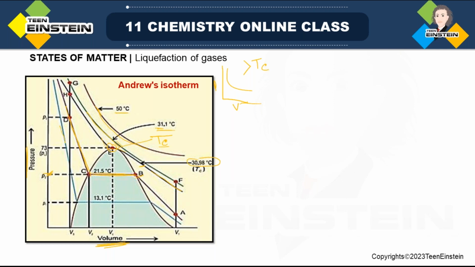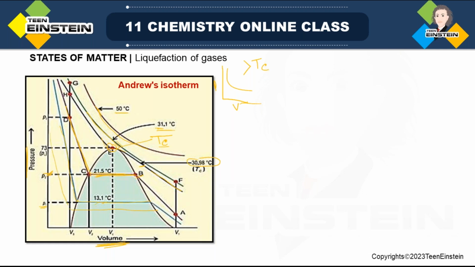Similarly, if you consider this line, so this is at 21.5, which is obviously lesser than critical temperature. Then we have another line 13, that is also lesser than TC. Here also this region where pressure is fixed. So similarly, you can also draw some other lines.